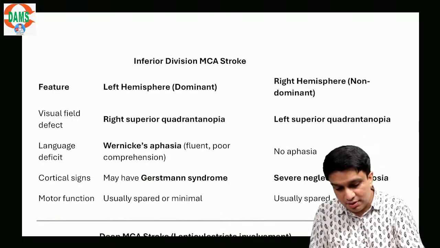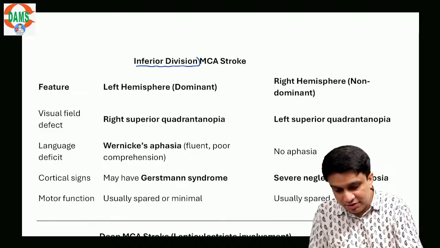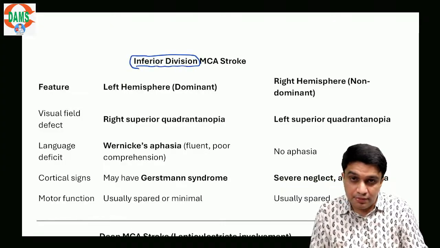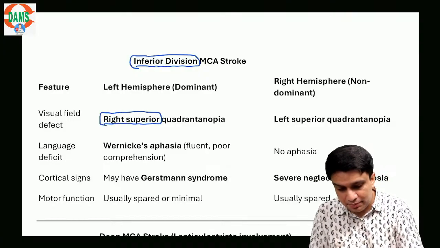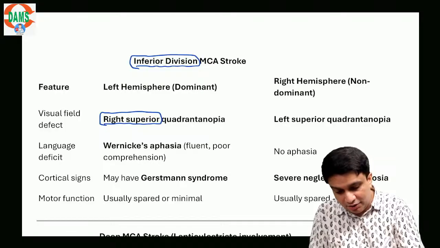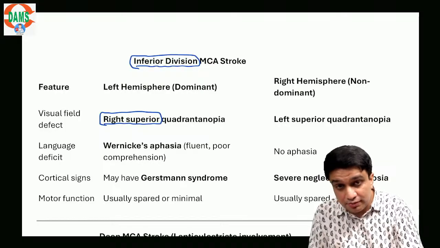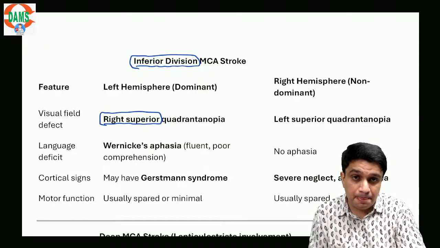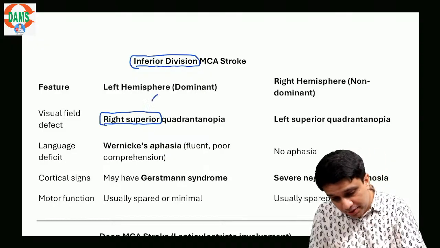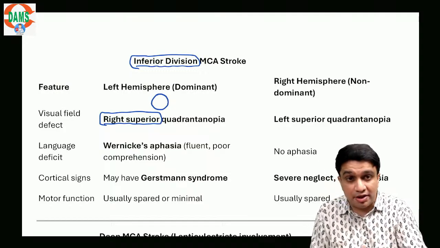What is this? Inferior division of MCA if it is involved. On the left side, right superior quadrantanopia will happen. And now this superior quadrantanopia means which part of the brain is actually involved? It's more likely to be which involvement, temporal or parietal?